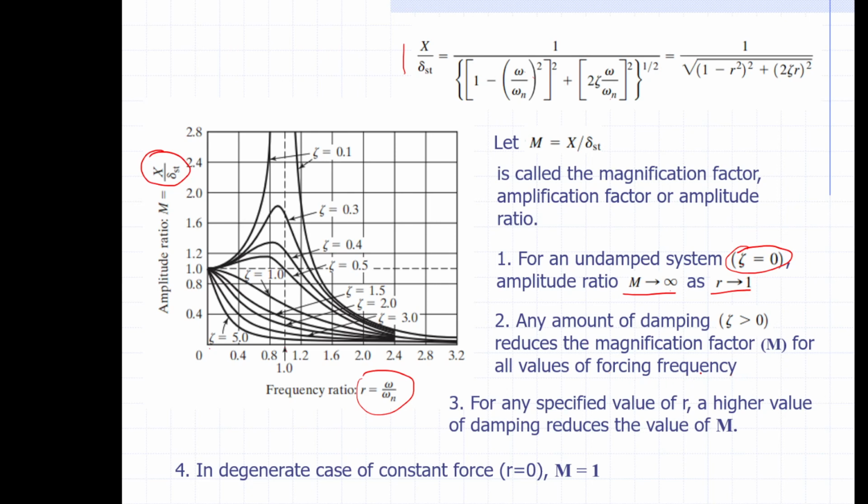Okay, this just repeats what I explained earlier. As long as you have a small damper, this ratio cannot approach infinity. So for any specified value of frequency ratio, a higher value of damping reduces the value of this ratio.